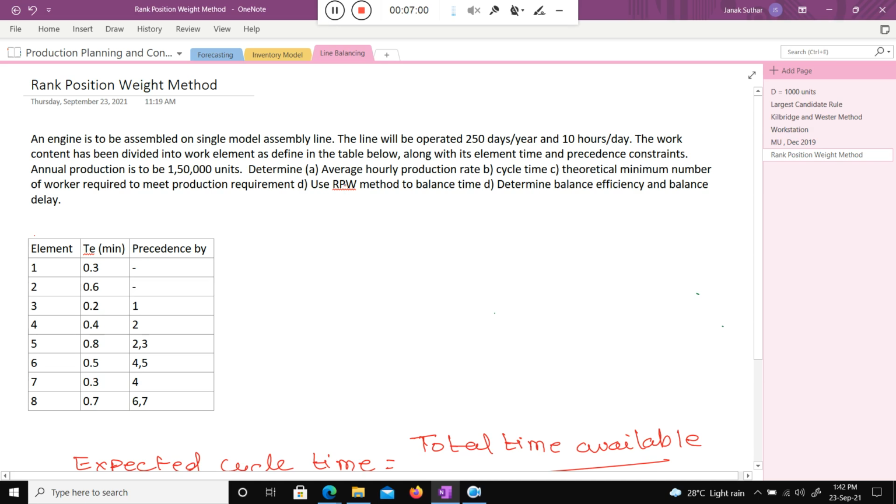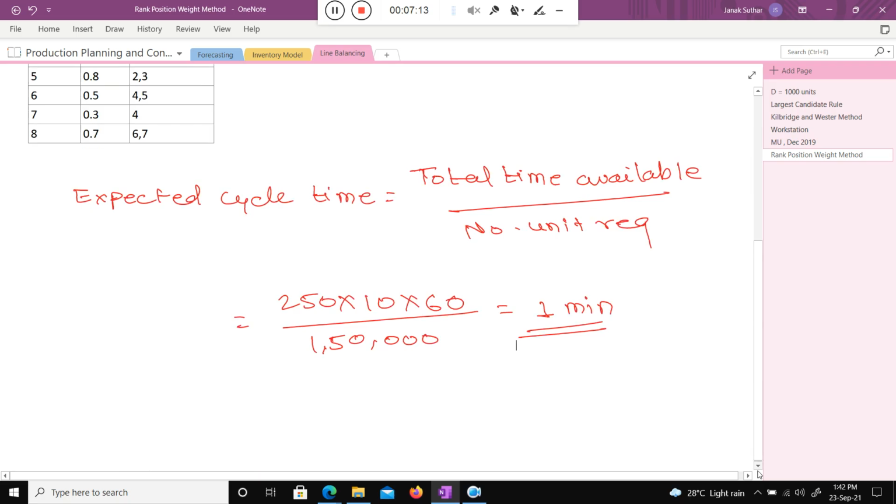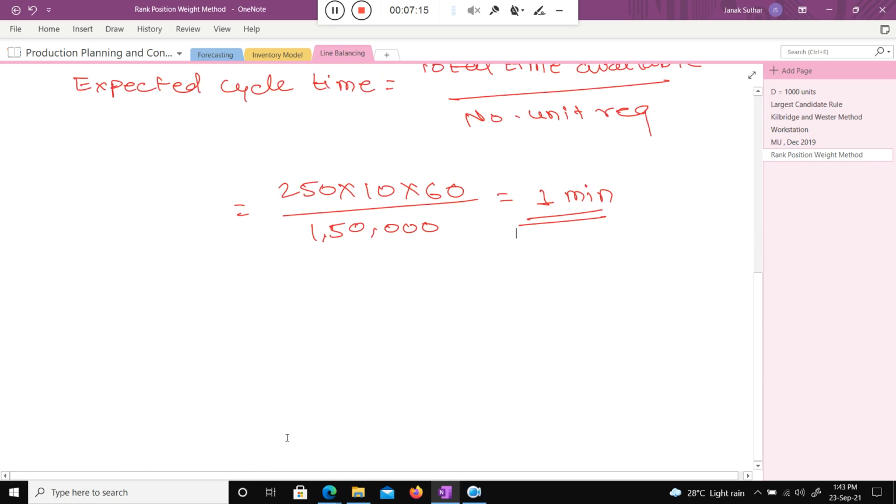In every 1 minute you can produce one assembly of an engine. So what is the average hourly production, class? Sixty. Very good.